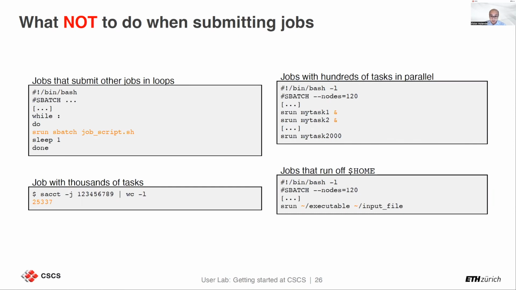The way people do this is by writing these types of scripts here, where you do srun and put the ampersand sign at the end, and then you just submit and it runs multiple tasks. Of course, this one is broken because you need to put wait at the end. And we have seen users submitting this, and then you break the system, and then you don't run anything. Slurm returns immediately.